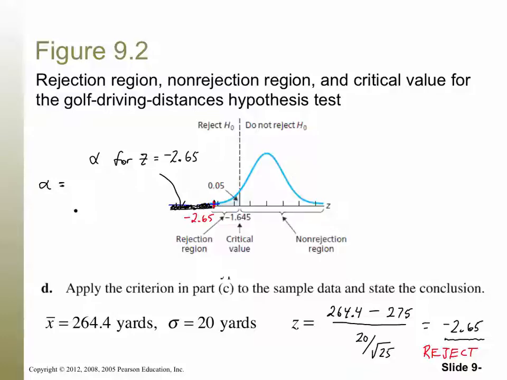We should all know how to do that using our z table. Okay, 0.004. So what percent is that? 0.4%. So about a half of a percent, right? Less than 1%, about a half a percent.